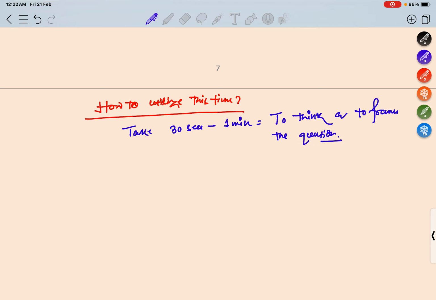Okay, now when you are done with framing the question or brainstorming the question, then you will start writing. So in this way you will have a good structure for the answer and you can write very fluently. Otherwise in the middle you will be stuck and it will distract your mind. Okay, so 1 minute for brainstorming and 4 minutes for answer writing.